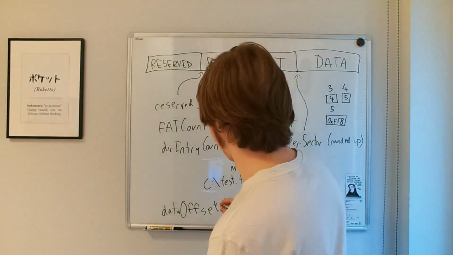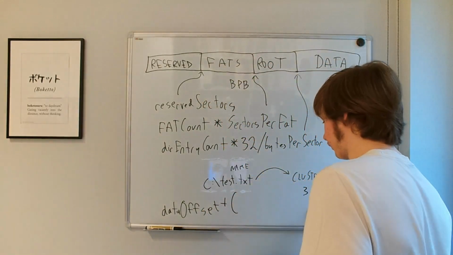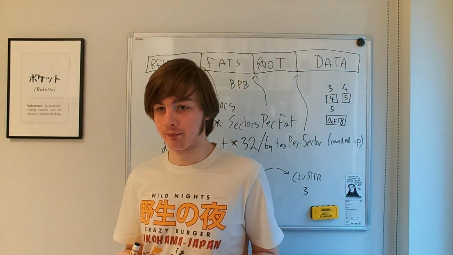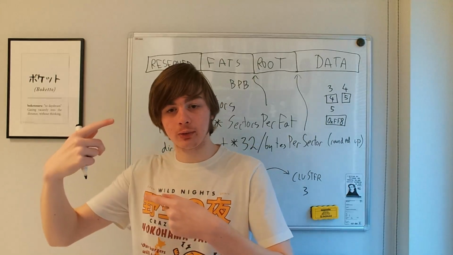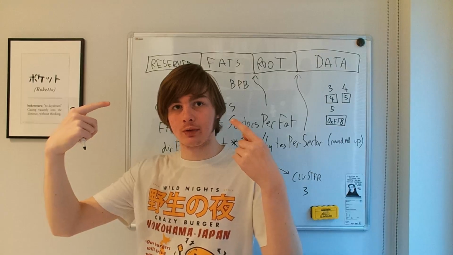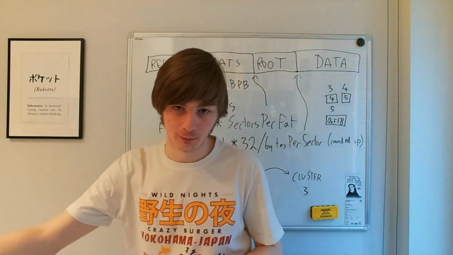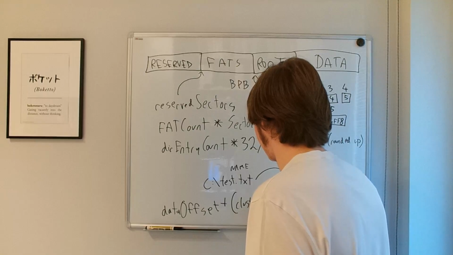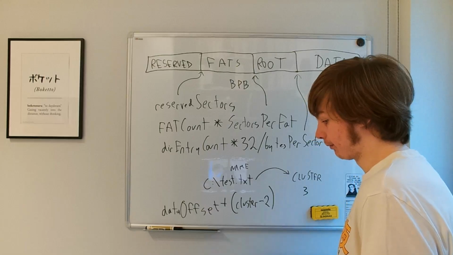So it's the data offset plus the cluster ID. The cluster ID actually stores a value that is your actual cluster that you have to read from in the data section, plus 2. So from the cluster ID, we'll have to subtract 2.